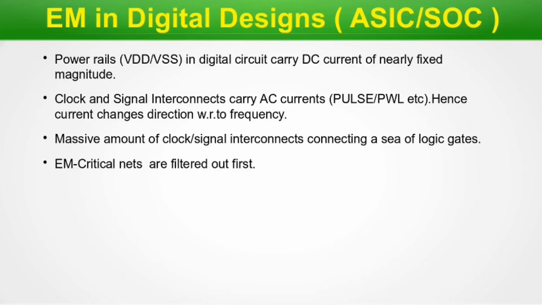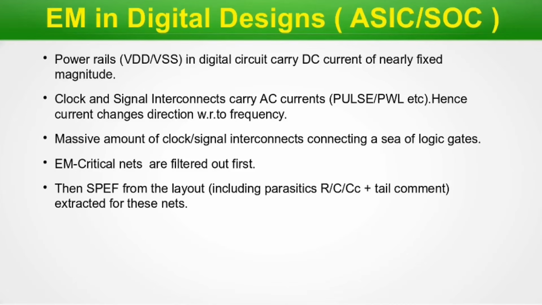So first, the EM critical nets are filtered out. This is the methodology inside the tools and it's their proprietary thing. Then the SPEF is extracted from the layout, including R, C, CC plus tail comment. The tail comment is the most important thing that must be there, extracted for these EM critical nets.